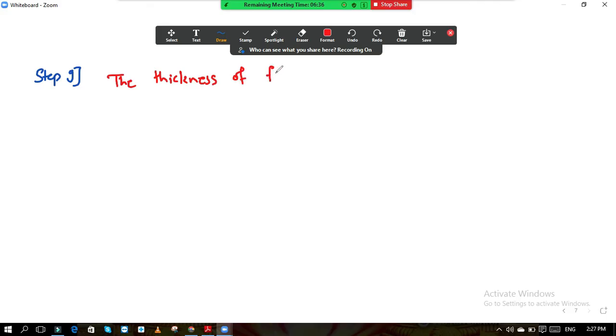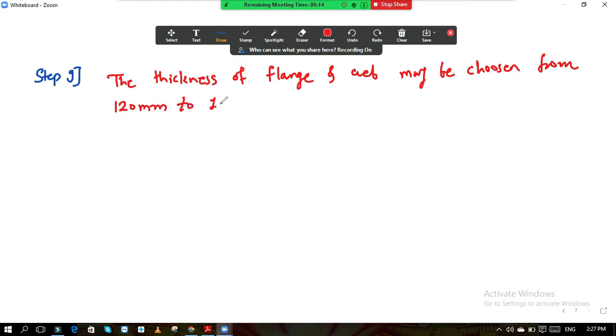The thickness of flange and width may be chosen from 120 mm to 150 mm.